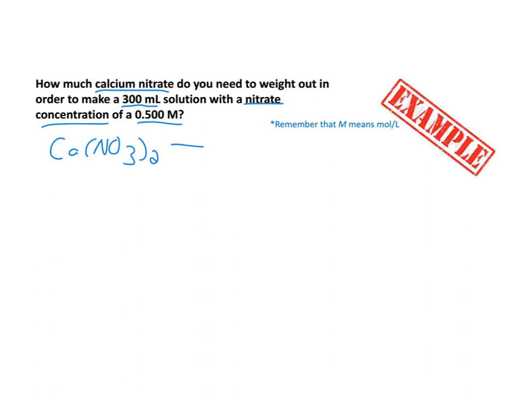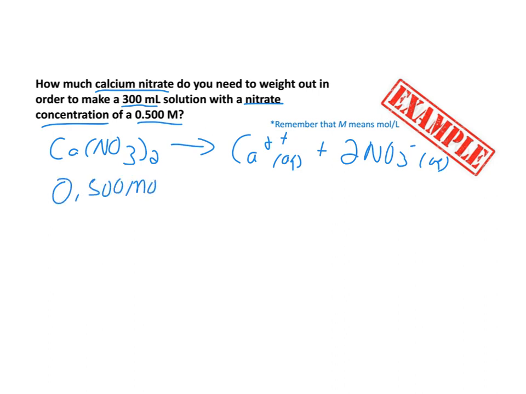Ca(NO3)2, when placed in water, dissociates into 1 calcium ion and 2 nitrate ions. And we want to work with the nitrate ions. So we have a concentration of nitrate that is 0.5 moles per liter of nitrate.